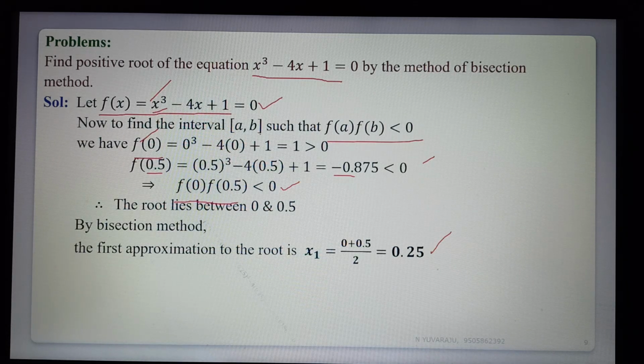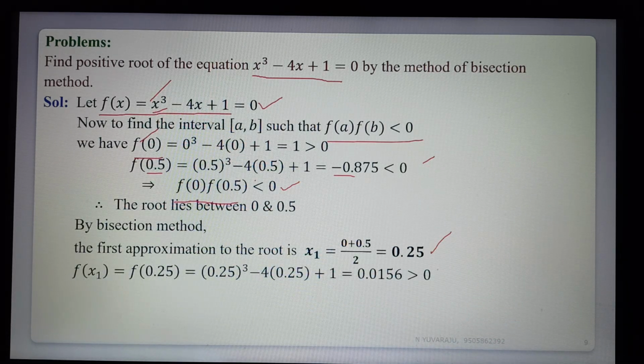That is f of x1, f of 0.25, that is 0.25 whole cube minus 4 into 0.25 plus 1, that is equal to 0.0156. This is a positive one, it is not 0.